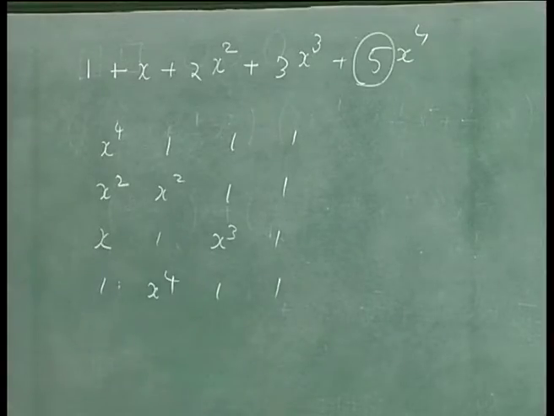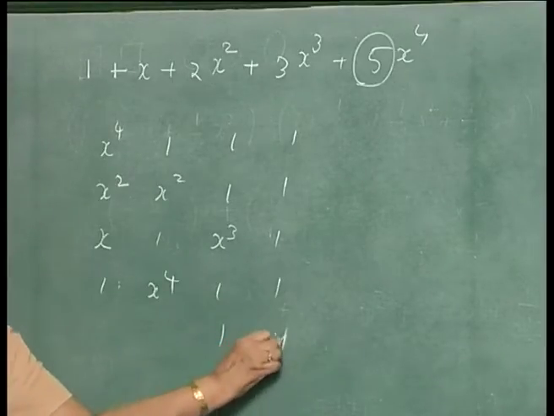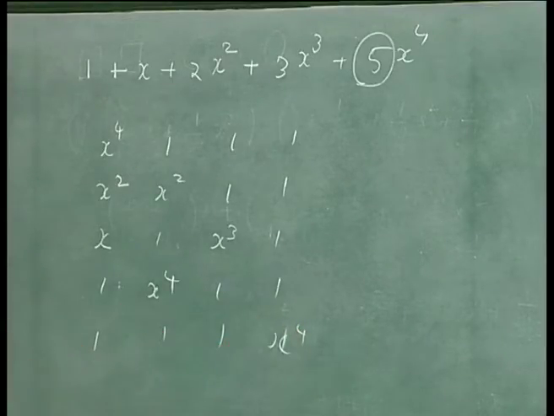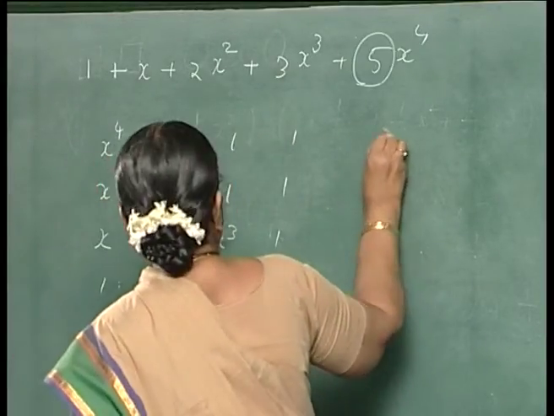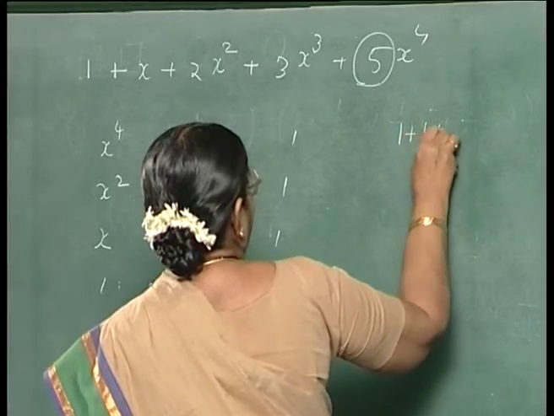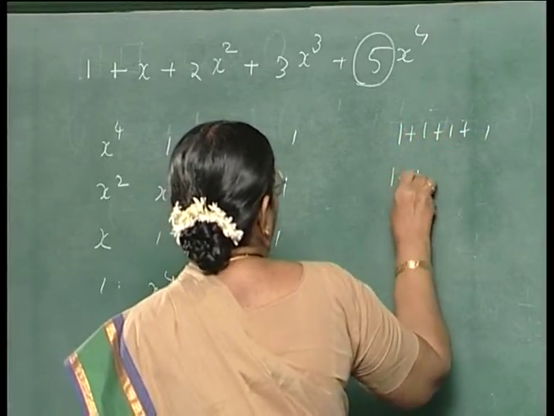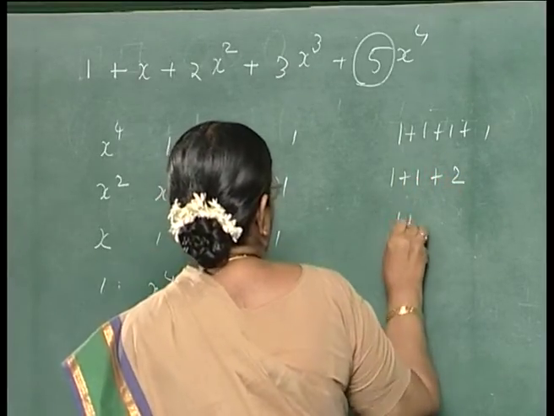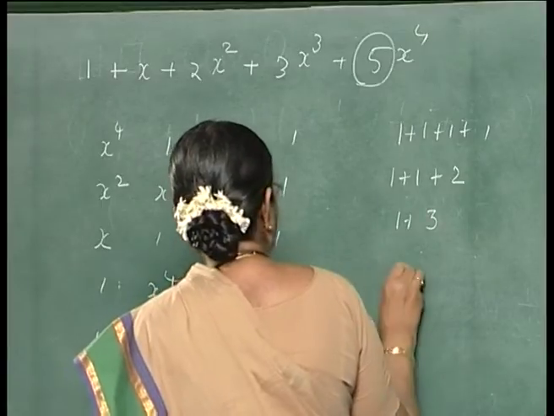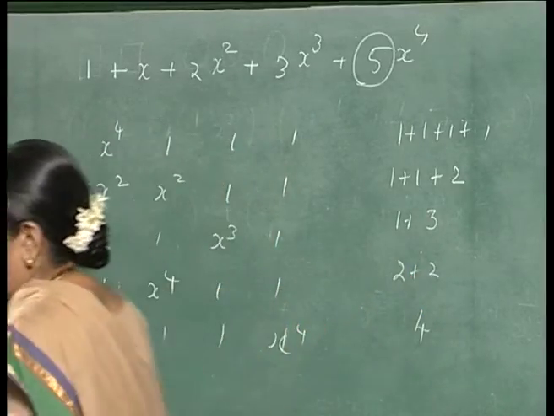Okay, this amounts to the partitioning into ones only, having components 1, and this amounts to partition 1 plus 1 plus 2, and this amounts to partition 1 plus 3, and this amounts to partition 2 plus 2, and this amounts to partition 4.